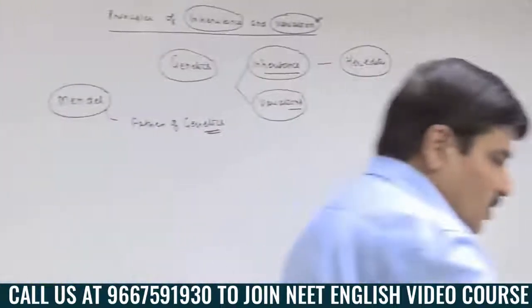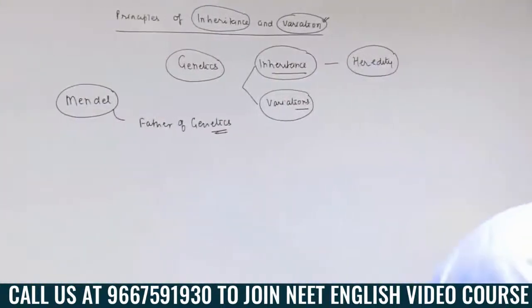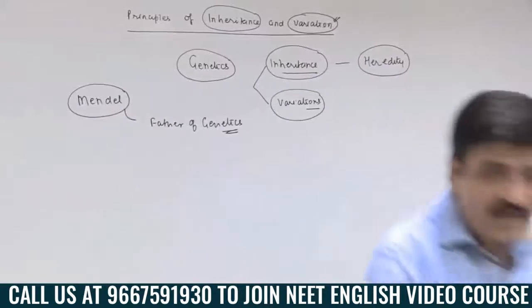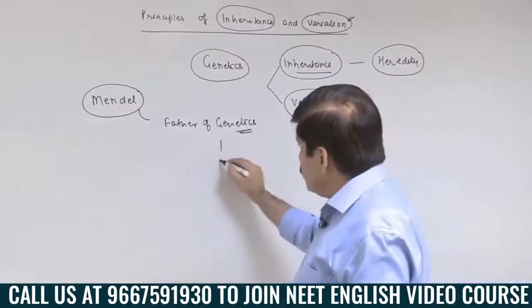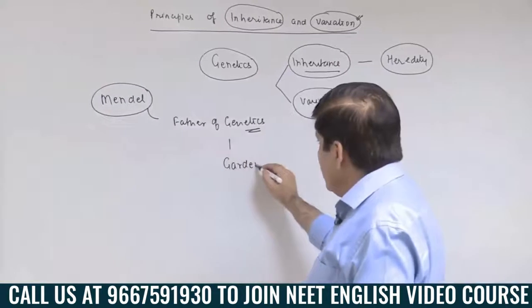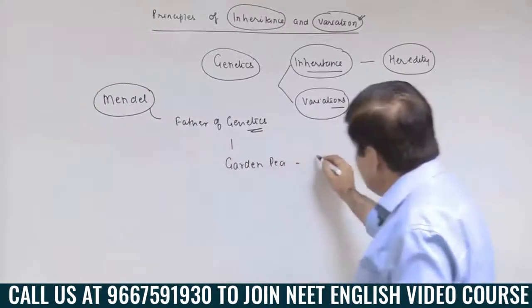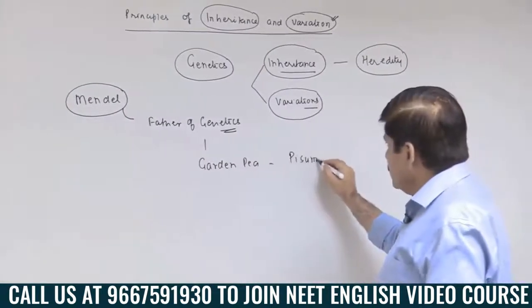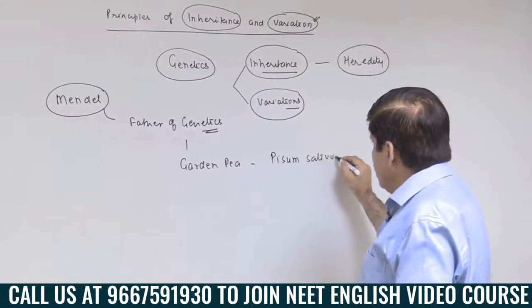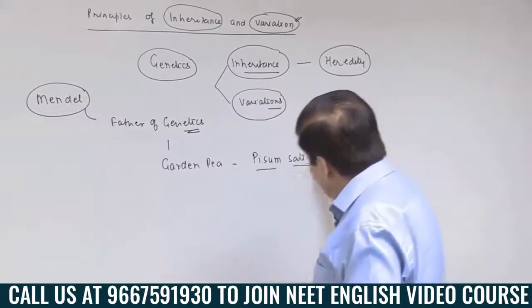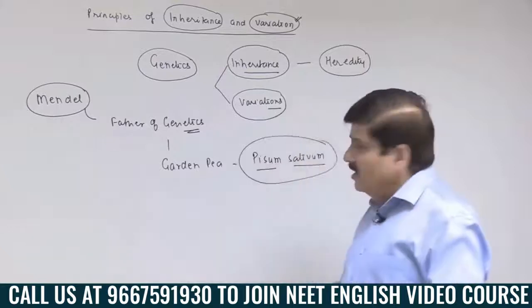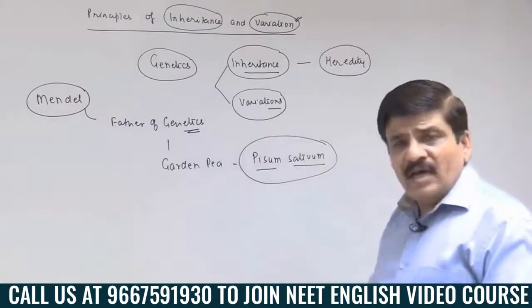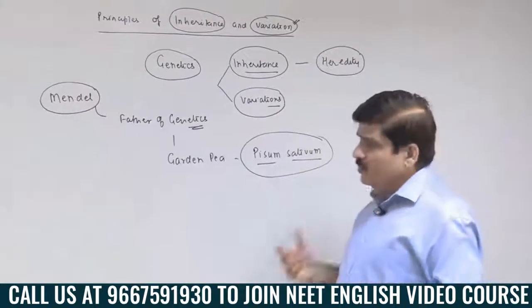In his garden, he cultivated a plant called garden pea, and we know in biology this plant as Pisum sativum, and we say that the work of Gregor Johann Mendel on this plant was essential for the establishment of the basic laws of genetics.